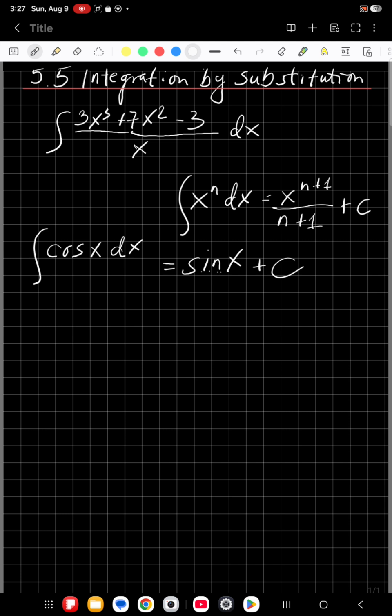If I had it the other way, maybe you could try to figure it out: the integral of sine of x dx. Pause the video and see if you remember how to do this. What do we put here so that we get sine of x?